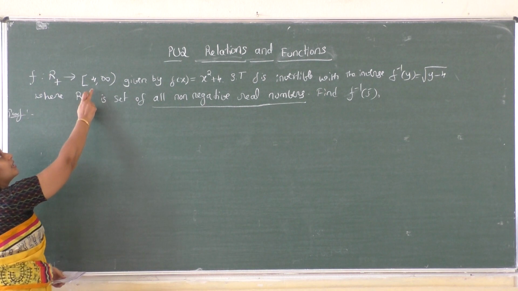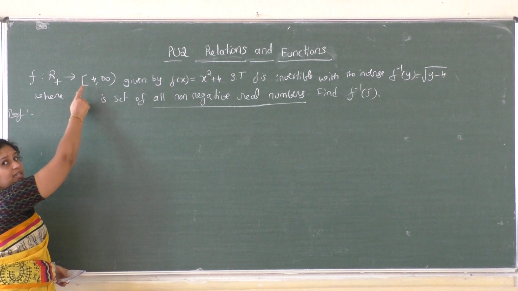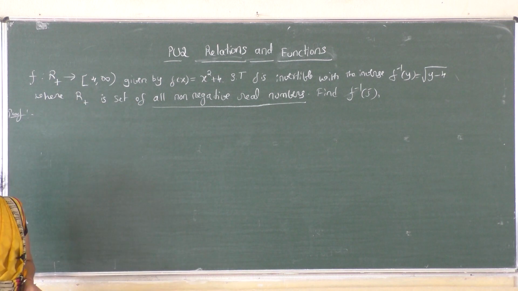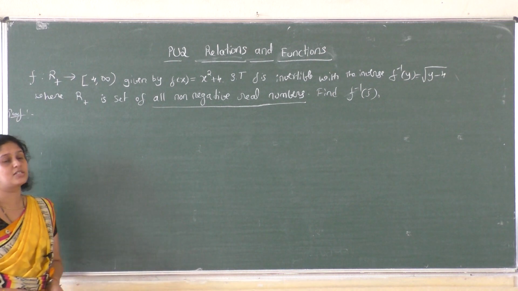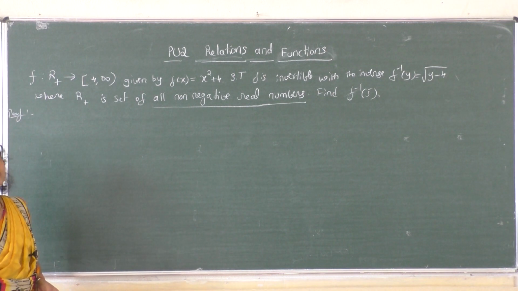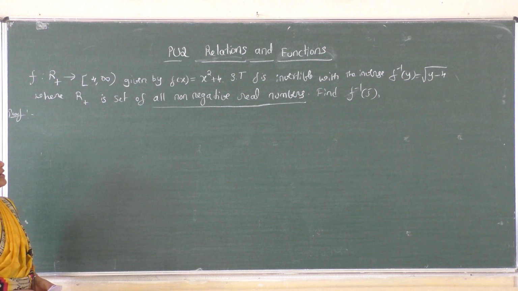You have to show that f is invertible, and the given f inverse of y is square root of y minus 4. Now also find f inverse of phi.